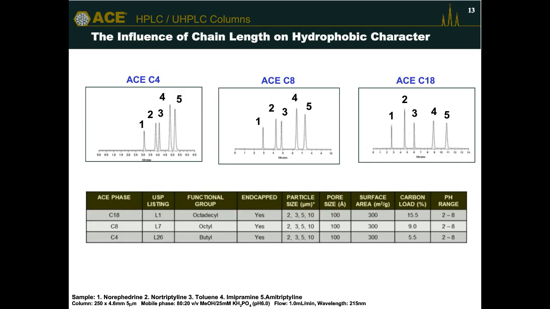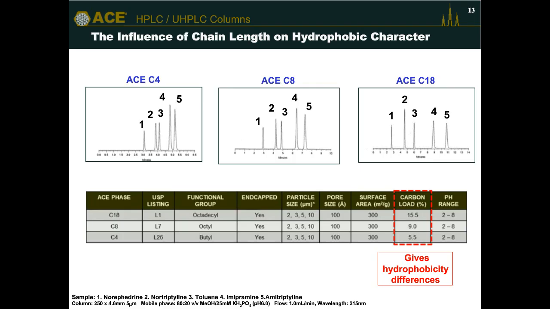The elution order is the same. Maybe the selectivity is a little bit different, so the peak spacing is slightly different with a difference in chain length, but the runtime is shorter, and you've got reduced hydrophobicity based on the lower carbon loading for a C4 column versus a C18, for example.